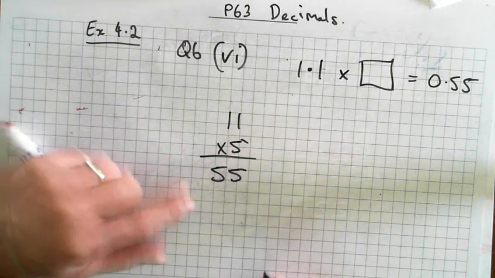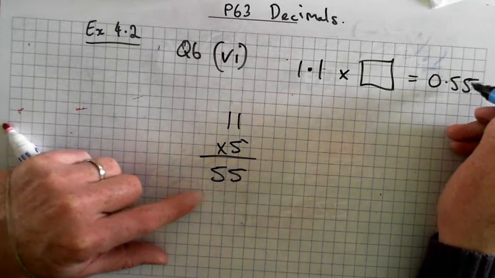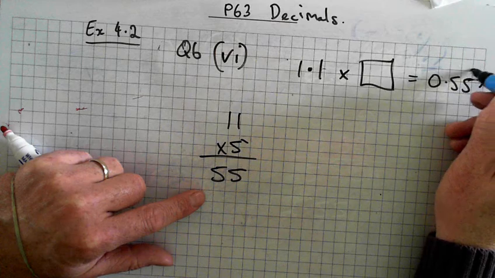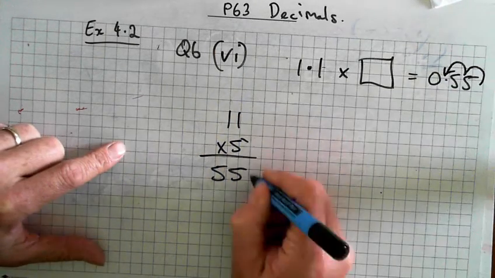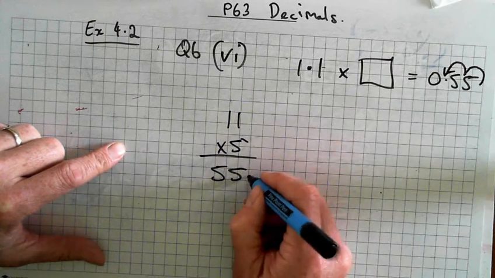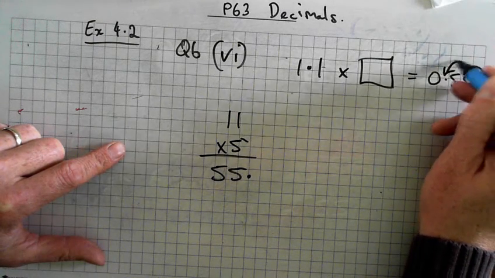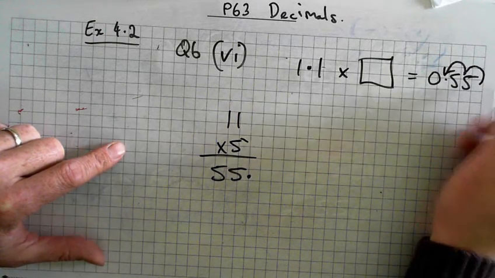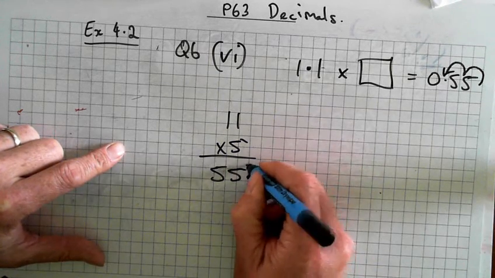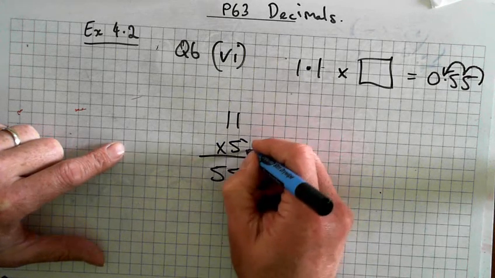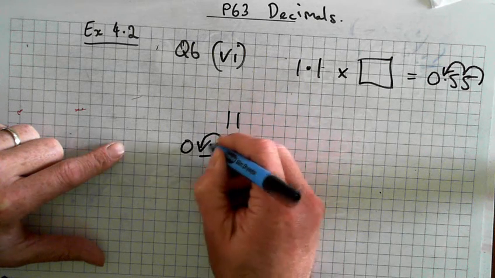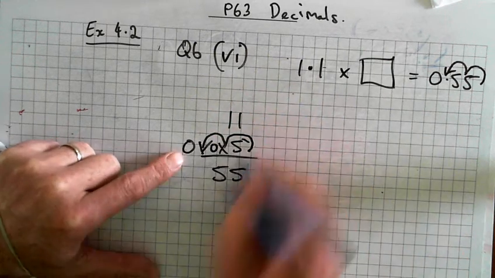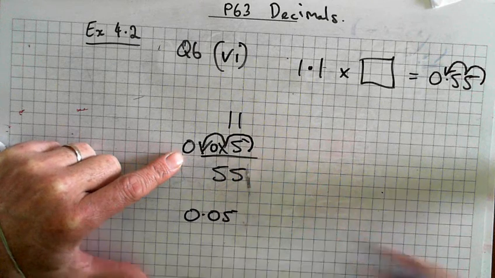But what's the answer? It's 0.55. So I need to move the decimal point. How many spaces to get 0.55? Up here I need to move it 1, 2. So it's 0.05. That's one way of doing it.